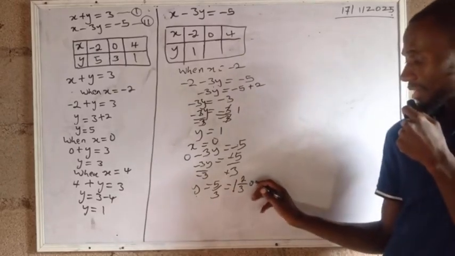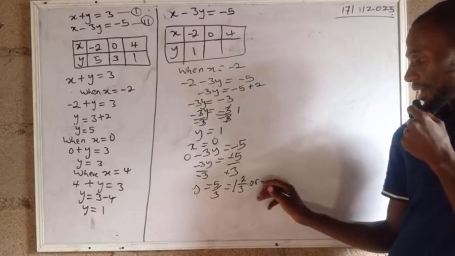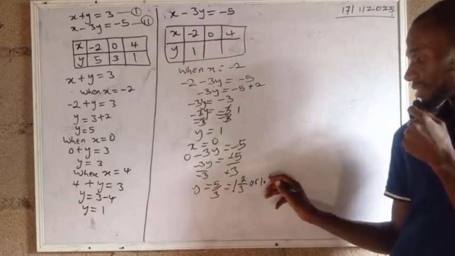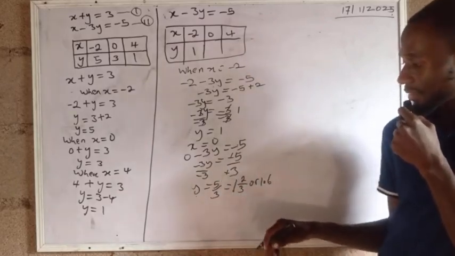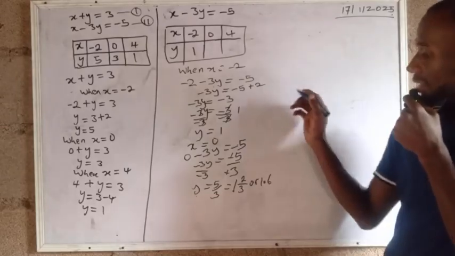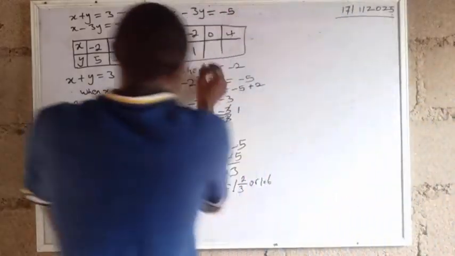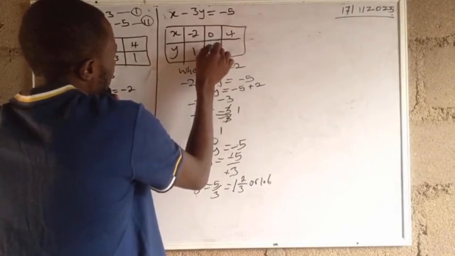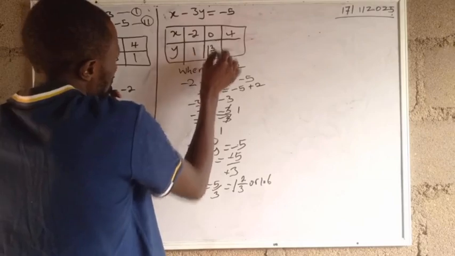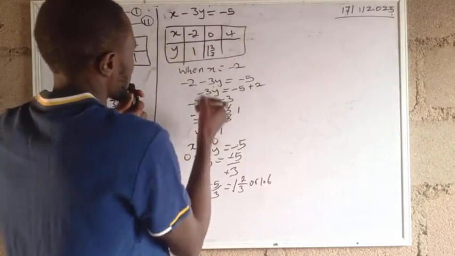Therefore, our y is 1 and 2 over 3, or about 1.67.